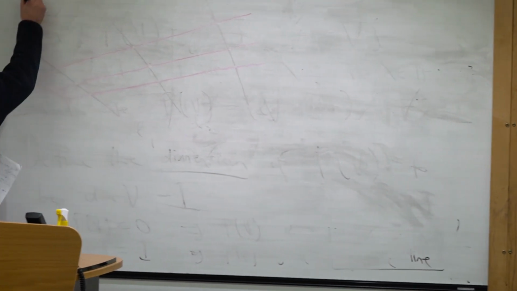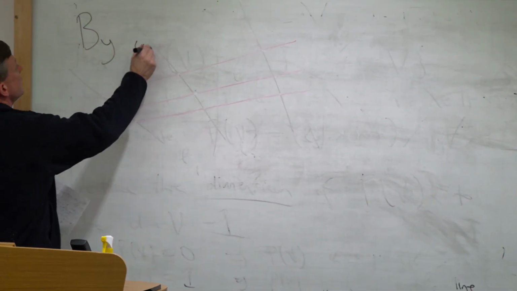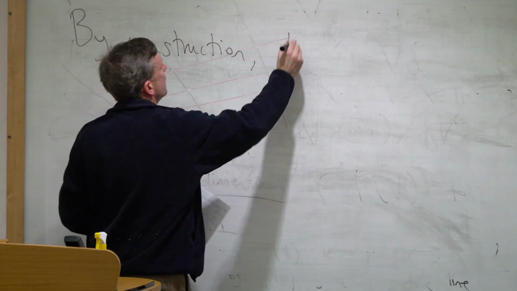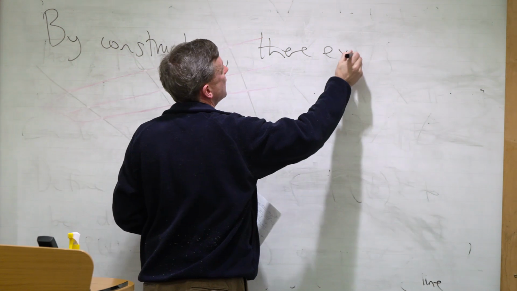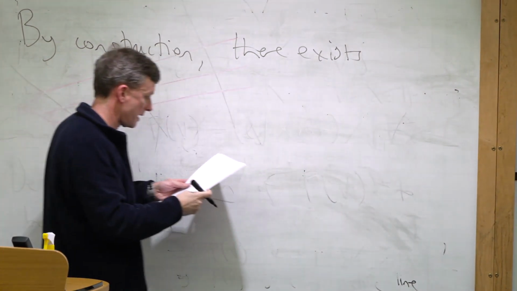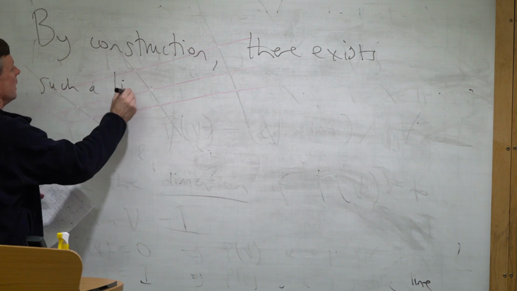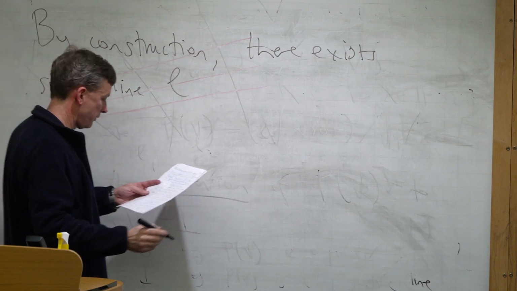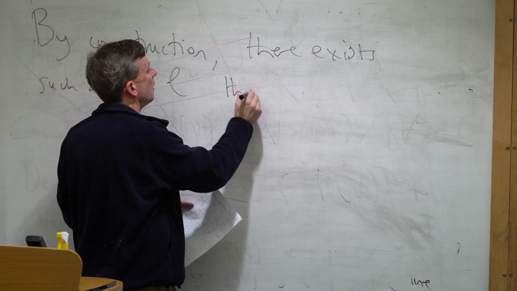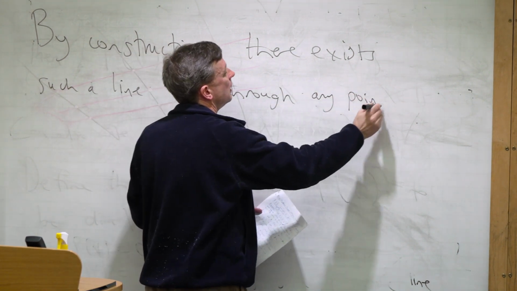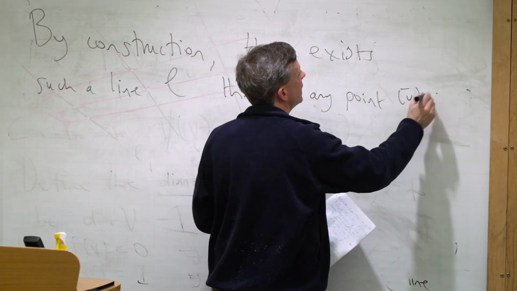So, by construction, there exists such a line L through any point [v] in L3.